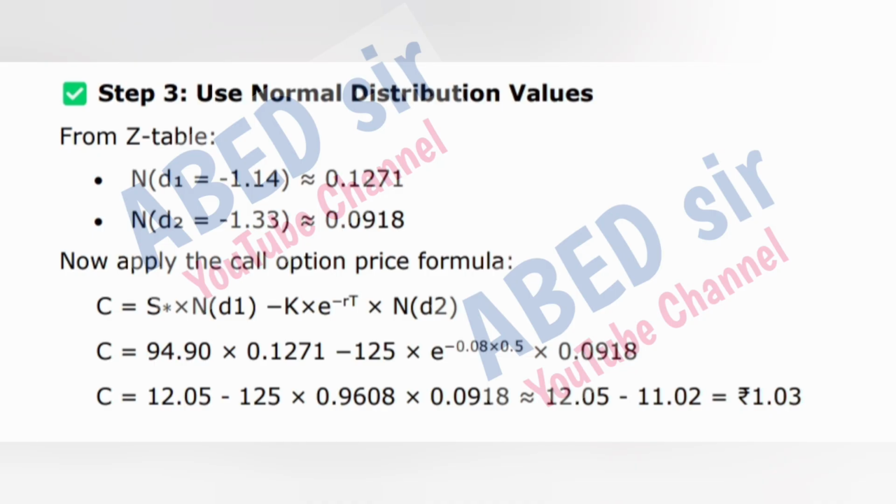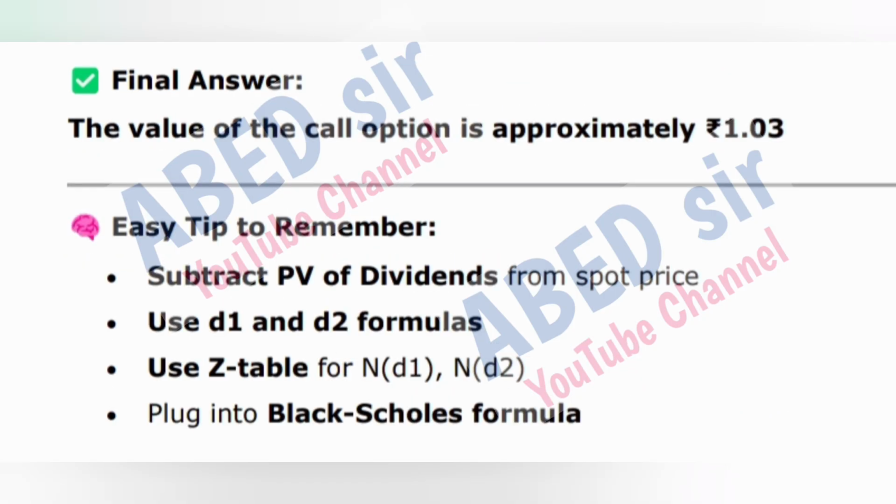N of minus D2, minus 1.33, is 0.0918. Now apply the call option price formula. C is equal to 1 rupee and 3 paise. Final answer. The value of the call option is approximately 1 rupee and 3 paise.